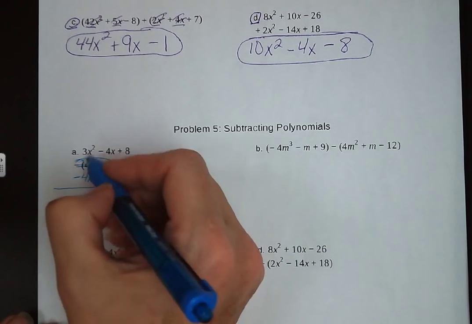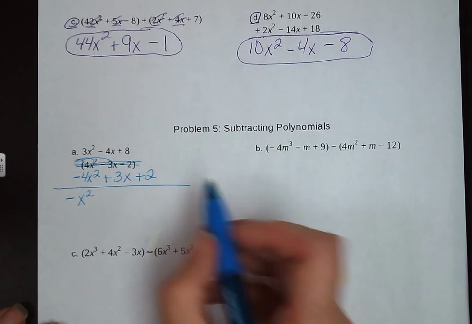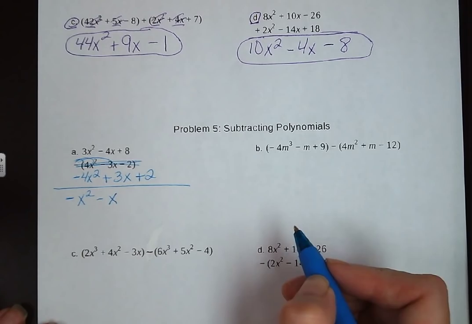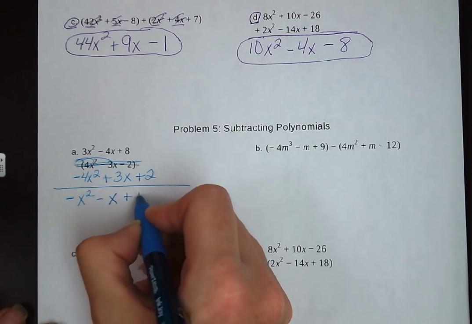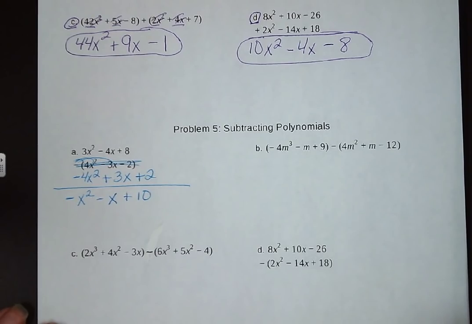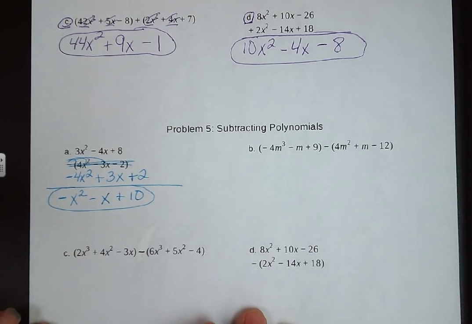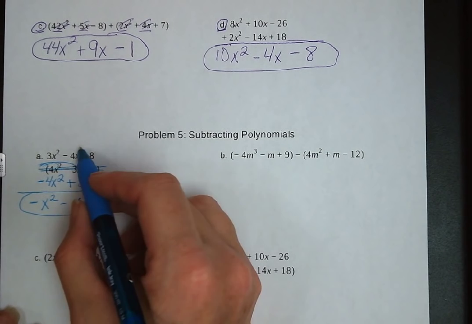So 3x squared minus 4x squared is negative x squared. Negative 4x minus 3x is negative x. And 8 plus 2 is 10. Sorry, it was negative 4x plus 3x, otherwise known as minus a negative.